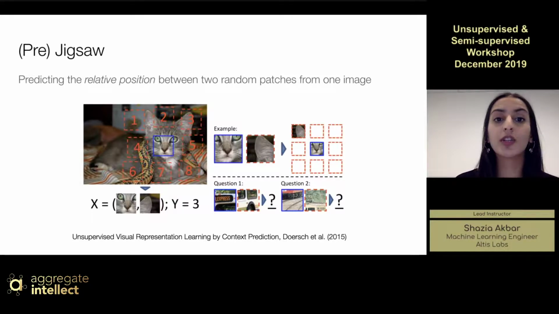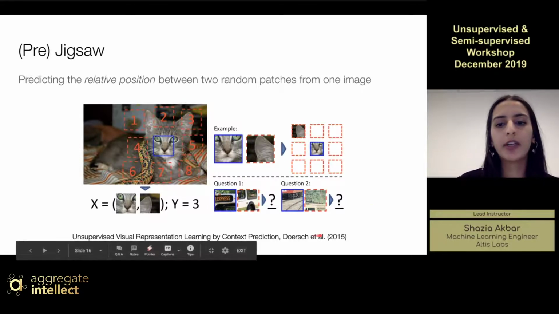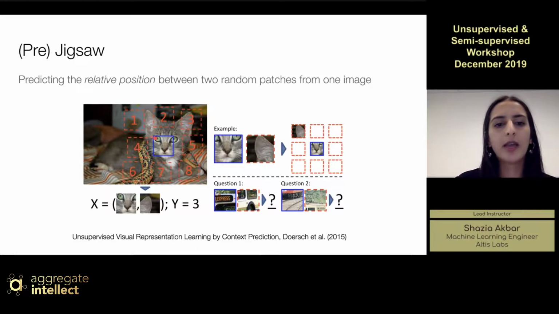Another technique in self-training is called the Jigsaw task. The Jigsaw task, that you may be aware of already, comes after this particular paper here in 2015. The idea in this task was to take one patch from an image, and then take another patch randomly from one of these 8 spaces.